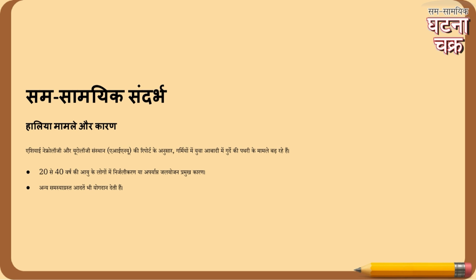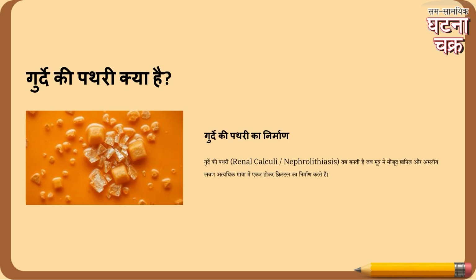Makes sense. Okay, here's where it gets really interesting for me because, like we hinted at, we're not just talking about a general medical condition here. There seems to have been a significant recent uptick in cases, right? Exactly right. There was a recent report from experts at the Asian Institute of Nephrology and Urology, AINU for short, and they highlighted a pretty concerning trend. A significant rise in the younger population.